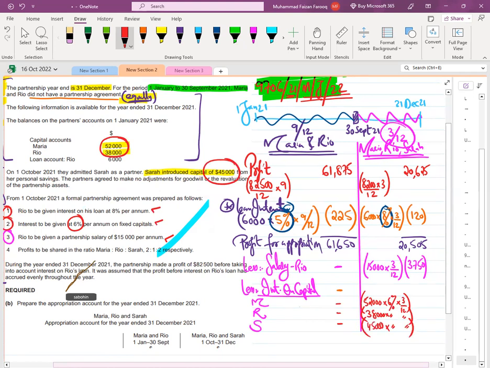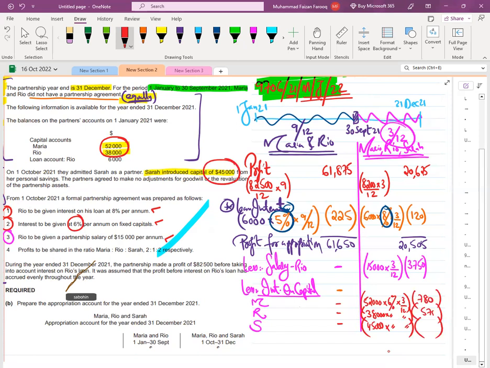We know that interest on capital always applies on the amount of capital invested by the owner. But the trick in this question is that the examiner played a trick.